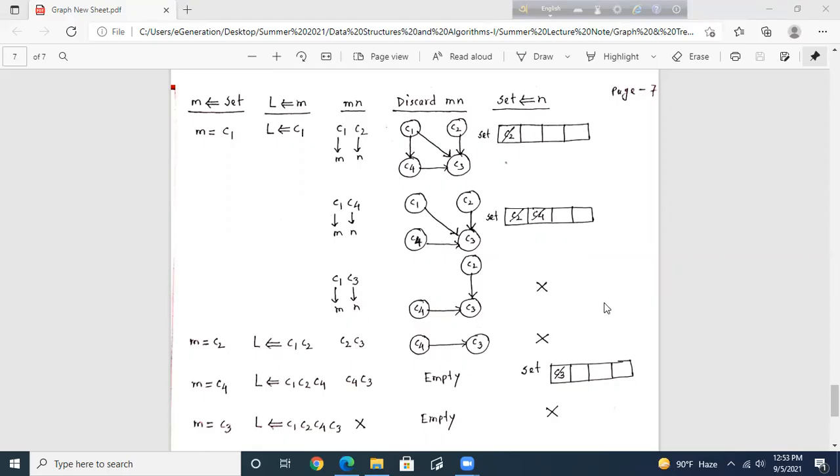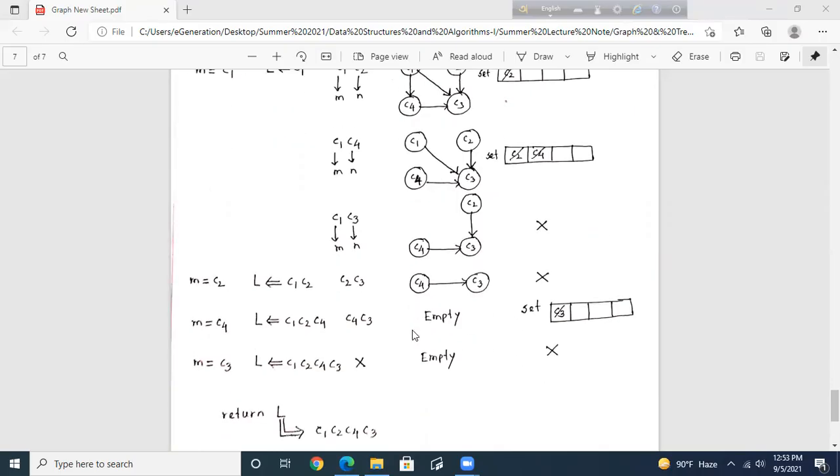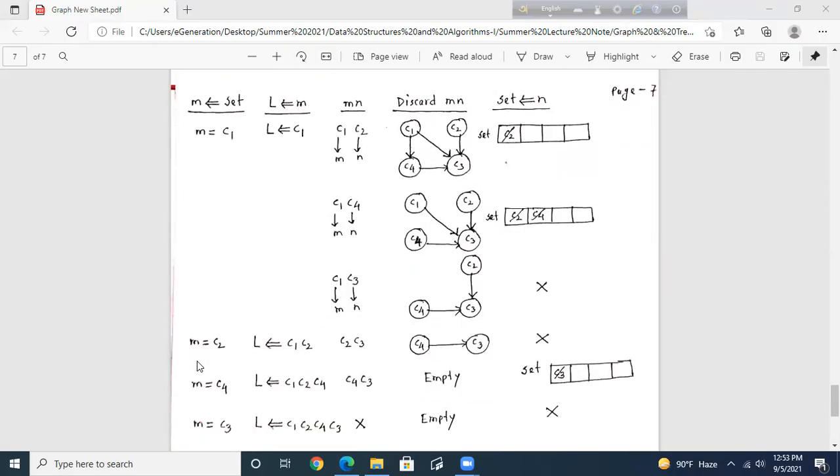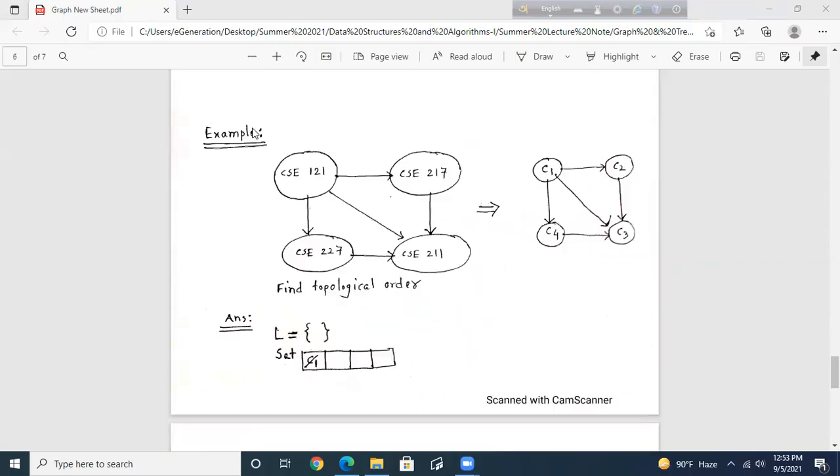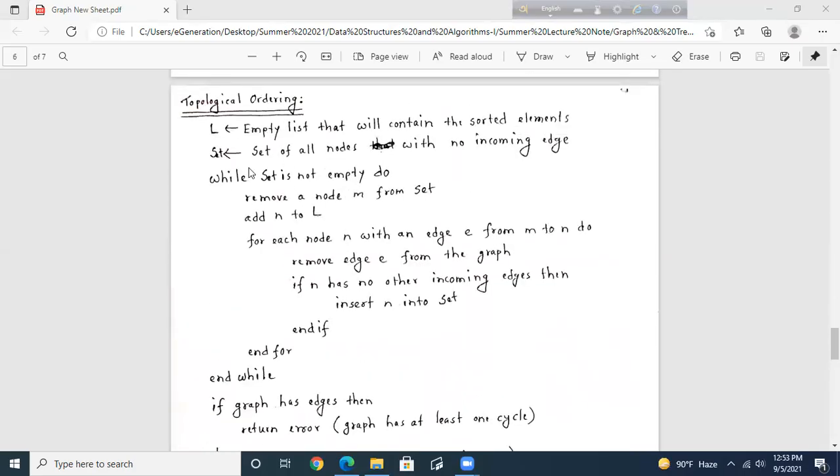Check whether it is clear up to this point. Yes sir. Now again you have to discard. Now you have to take one from the set, because M is taken from the set. If you look at that algorithm, inside the while loop, if the while loop is executed, remove a node M from the set.